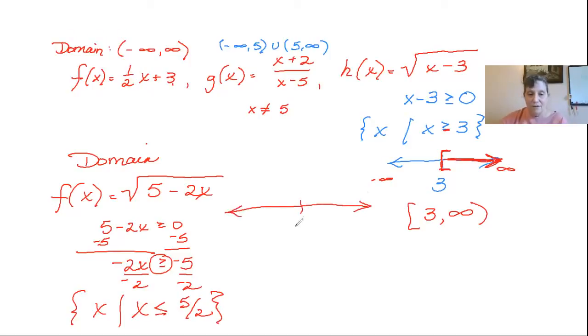My graph, that's positive 5 halves, would be over here, less than or equal to, so I'd put a bracket on that. And so my interval notation, since this one goes to the left, is going to be parenthesis negative infinity to 5 halves with a bracket.